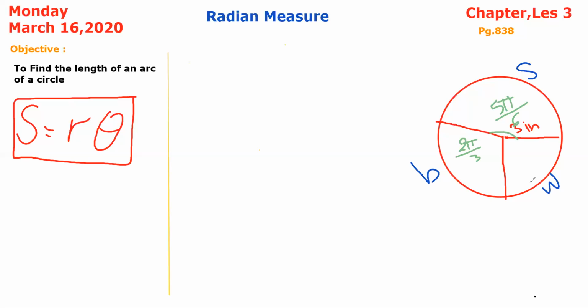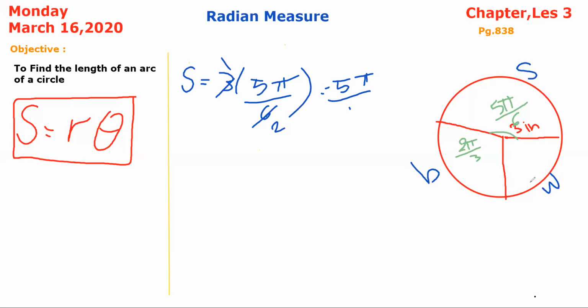For this one, if I tell you to find the length of the intercepted arc S, S is equal to the radius, which is 3, times the central angle opposite to this arc. Which central angle is opposite to this arc? 5 pi over 6. Bravo. So 5 pi over 6. By simplifying, it will be 5 pi over 2.